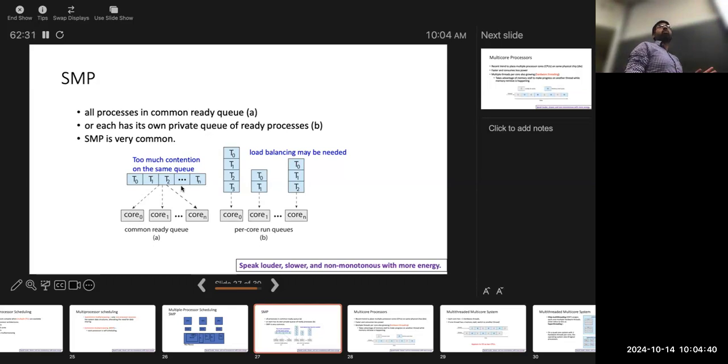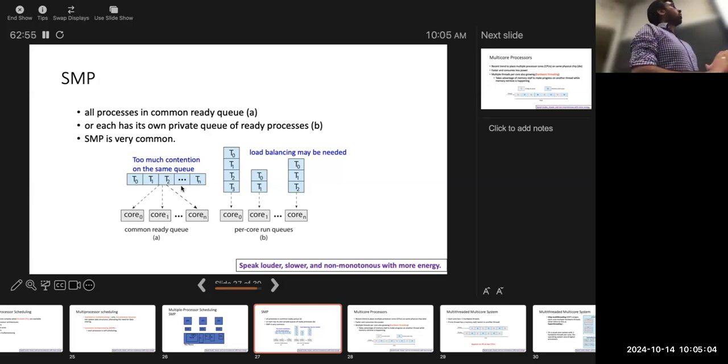Whenever you share some resource among multiple entities, what can happen? I have one book and 4 students want to read from the same book. What's going to happen? There will be contention, right? At the same time, when student 1 wants to read that book, maybe student 2 also wants to read the same book.